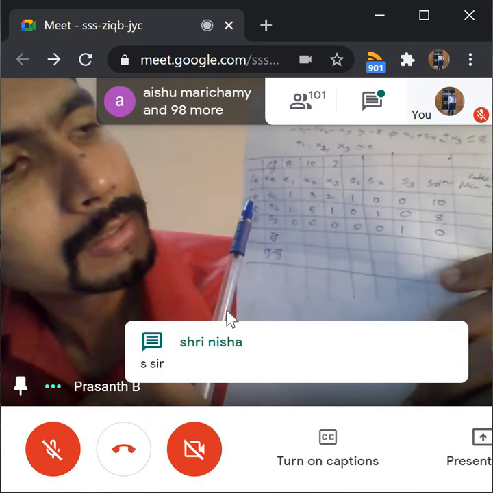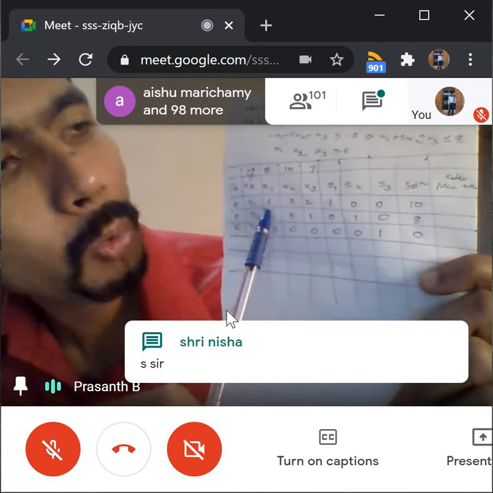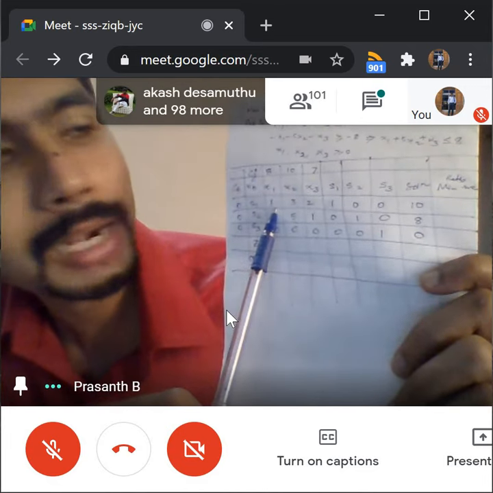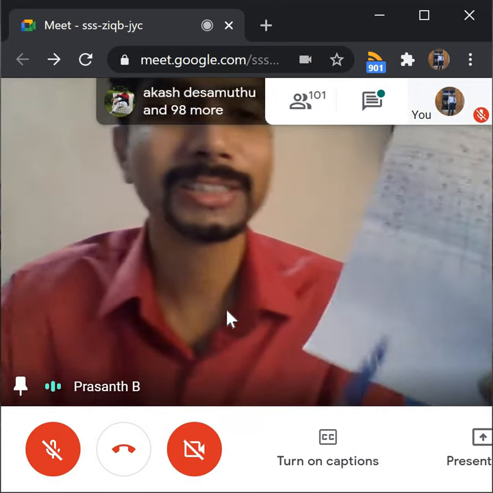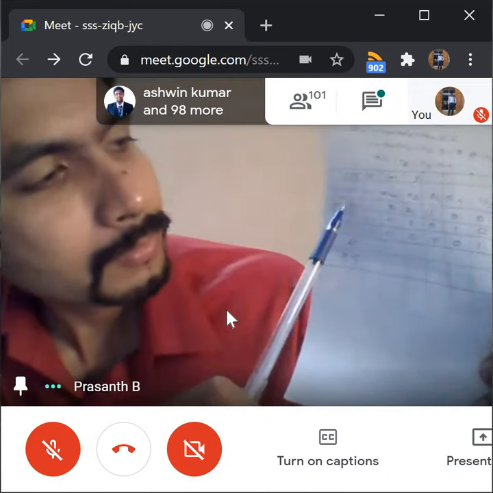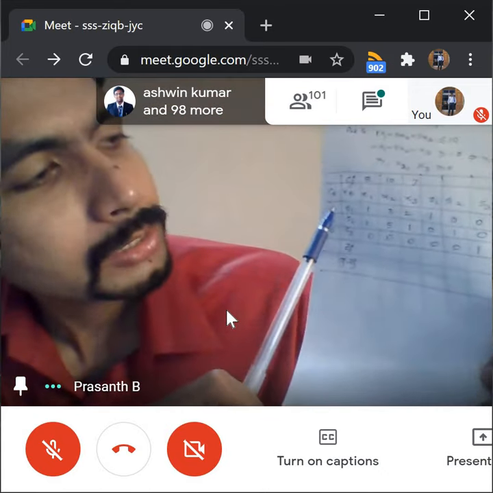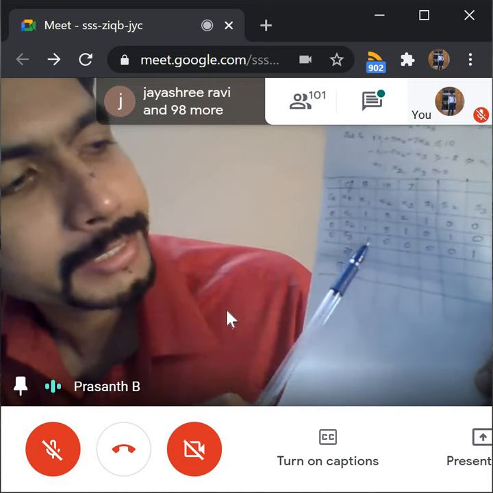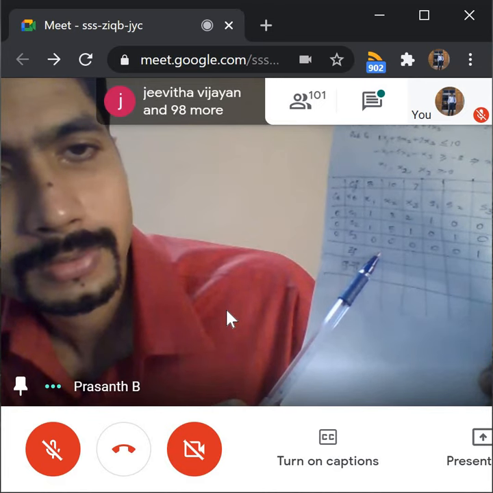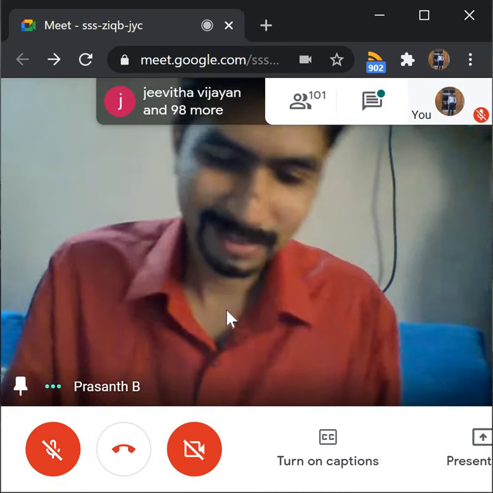Multiplying CB with the column: 0 into 1, plus 0 into 1, plus 0 into 0. Write the value here. 0, correct.